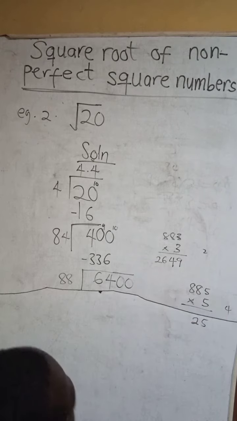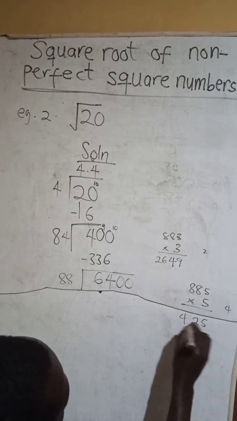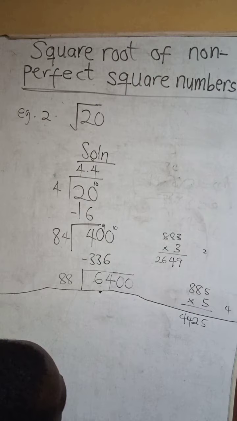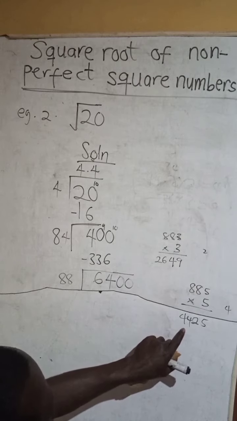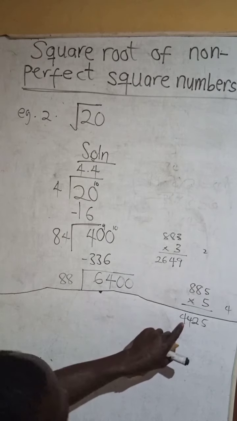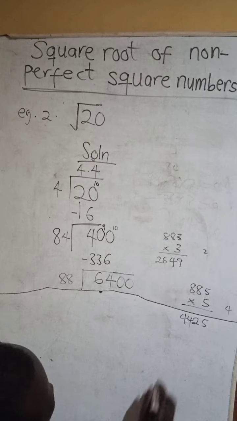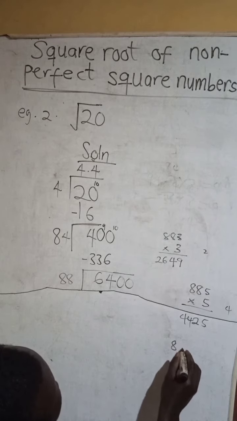This will be 44. So smaller. The number is 6,400. This is 4,000. So let's move a little bit higher.